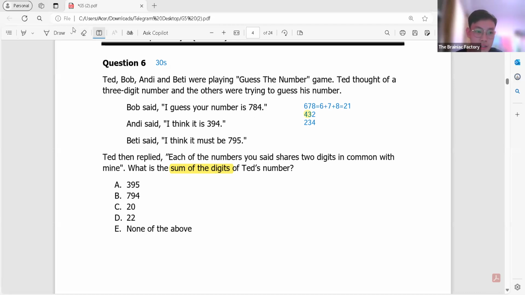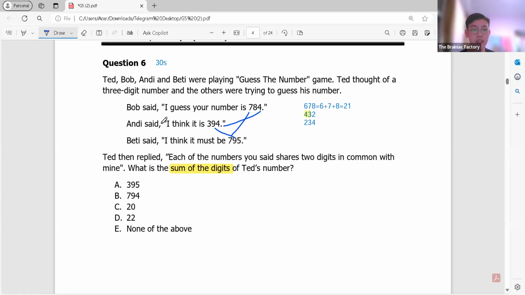We can see here 7 is the same in Bob's number and Betty's number, and 9 is the same in Andy's and Betty's numbers. And another one is 4 and 4, in Bob's and Andy's numbers.